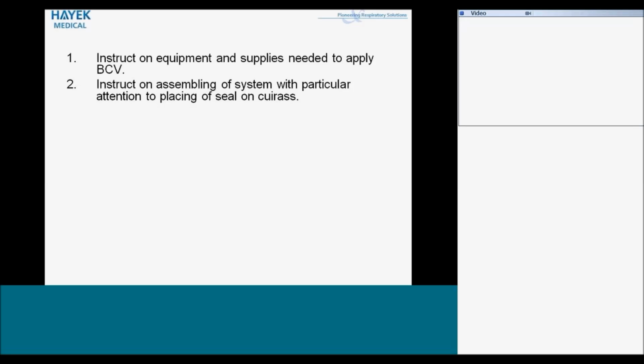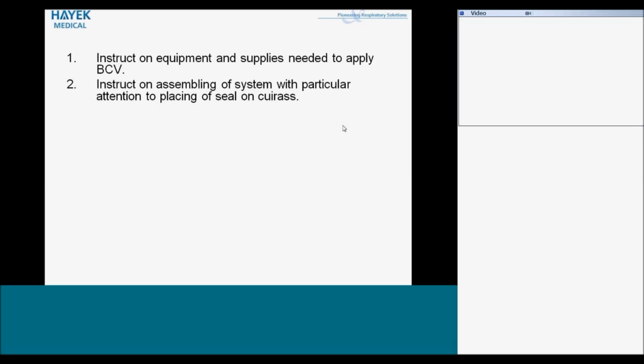After you learn to do it, it becomes more and more easy. The way I look at it, it's probably far less difficult than intubation or placing a trach. So it is one of the challenging elements of applying BCV, but it has to be that way so the seal adheres to the Kuros really well.